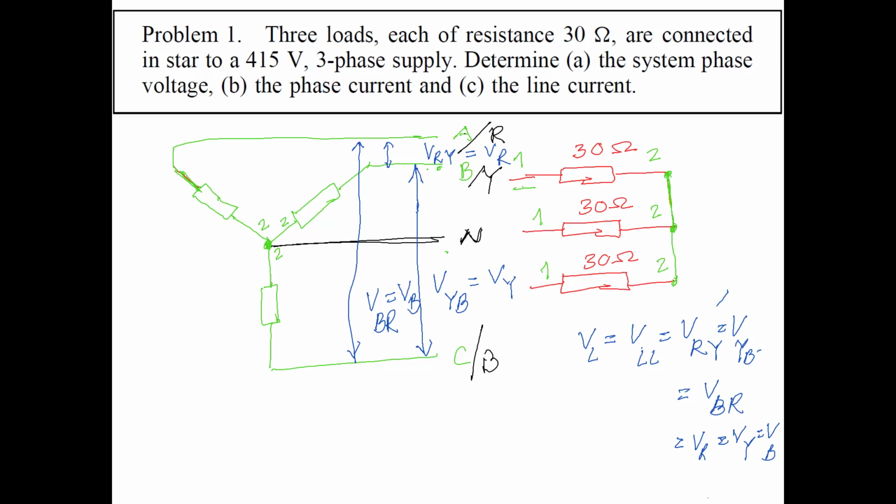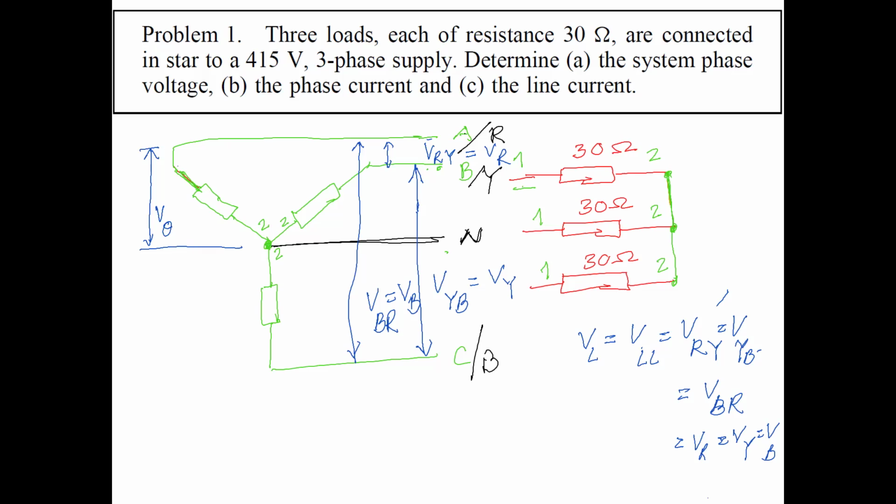Now, the next quantity we need to identify is the phase voltage. Phase voltage is between each line and the neutral. So I can identify one voltage from here to here, and that is related to the R phase, but it is only across one resistance, between line and neutral. So this will be identified as V with theta, which indicates this is the phase quantity, not the line quantity.